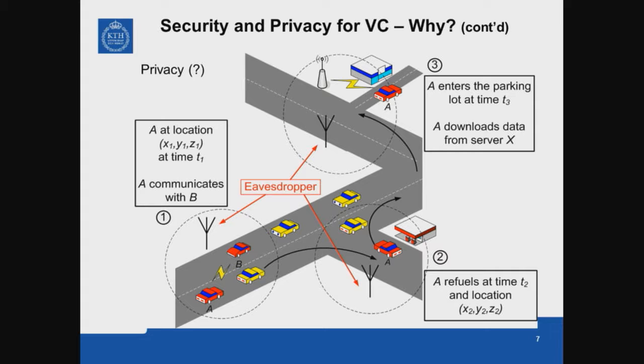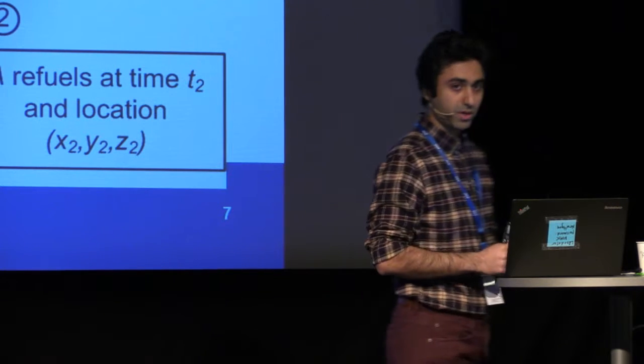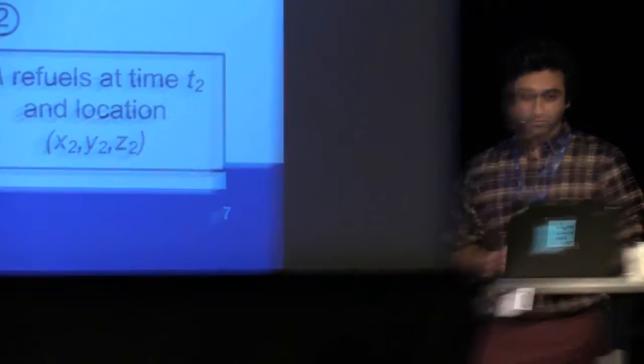For example, here we see one vehicle at location XYZ, at time T. Then we see the same vehicle at the gas station. And again, we see the same vehicle here in the parking lot. We can link the vehicle through its trajectory. So I hope so far I have convinced you that deploying such a large-scale vehicular communication system cannot really materialize unless we take security and privacy into account.